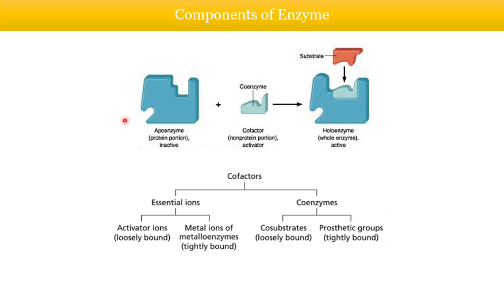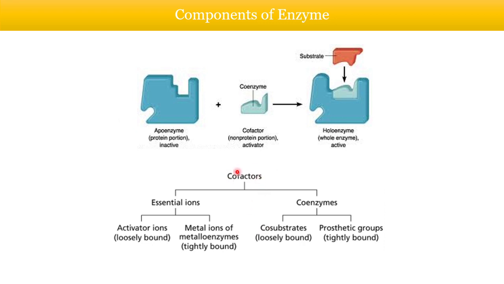We have a few cofactors, which can be metal ions, some substrates and all, different non-protein portions that actually activate this entire system. This entire system is known as the holoenzyme, that is the whole enzyme, which is the active form. This active form comprises your apoenzyme and the coenzyme, which ultimately enables the binding of your substrate.